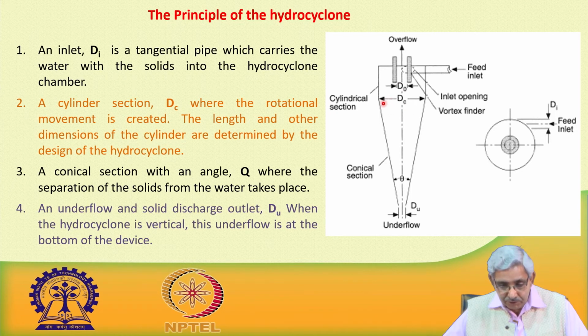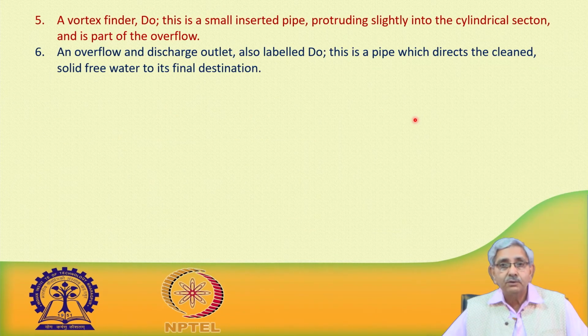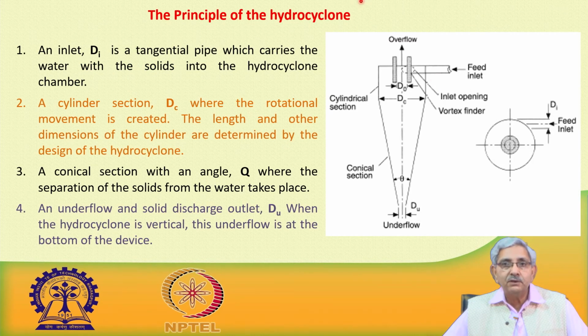So, once it comes to the conical section, it creates the centrifugal force. So, a vortex finder, that is d naught, is the diameter of the small inserted pipe which protrudes slightly into the cylindrical section and is part of the overflow, that is outflow. I will say this part is d naught. So, water is coming out of that.